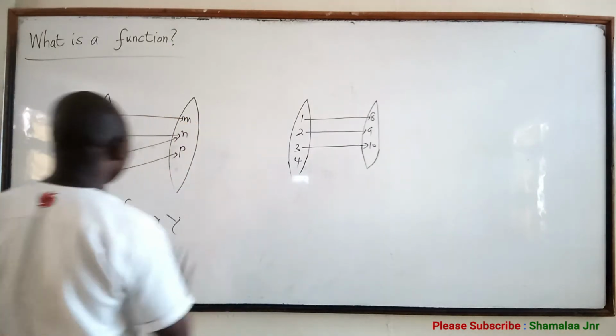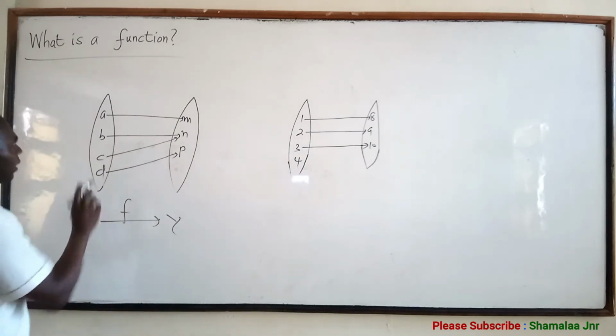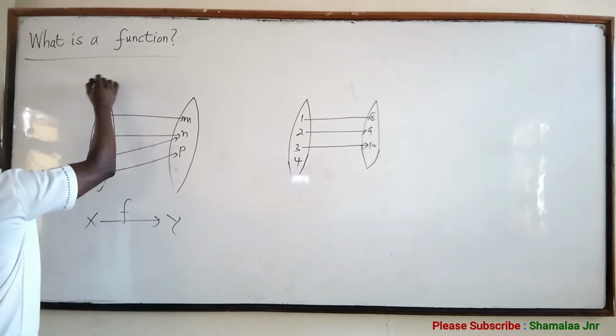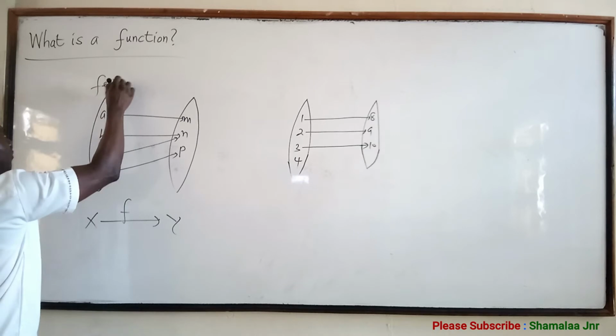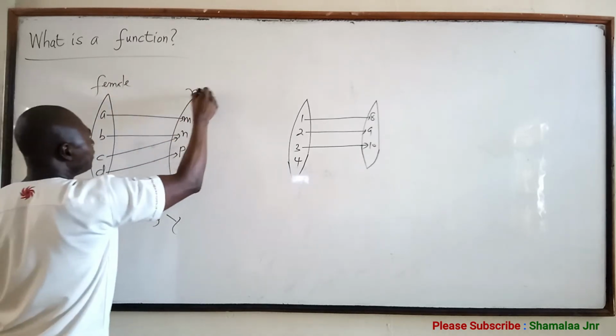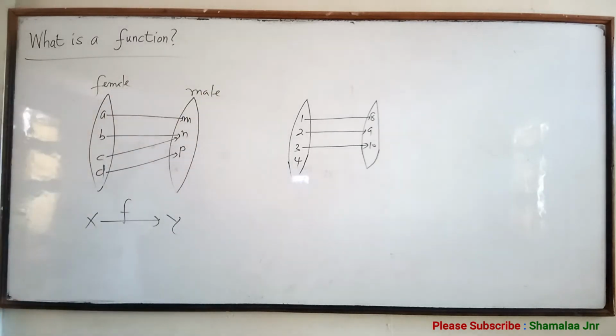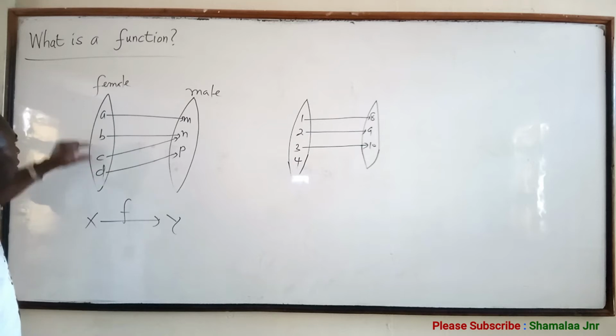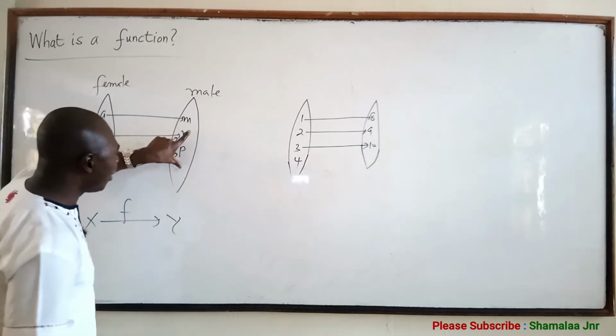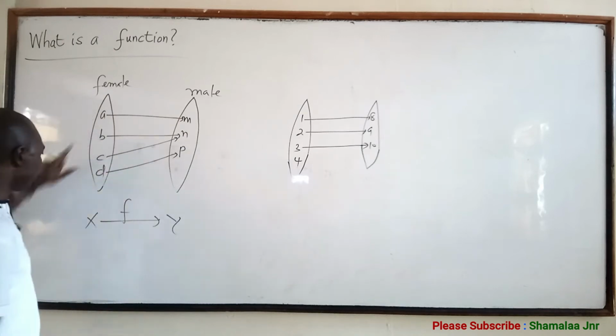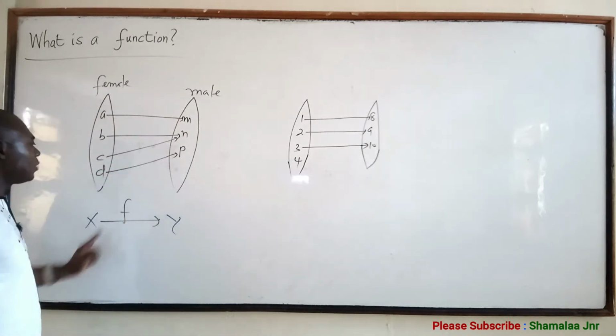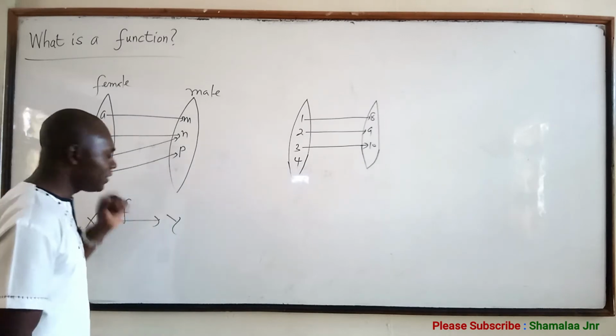So normally, to understand functions, you say that the first set can be referred to as female, the second set male. Viewers, let me use this one to explain to you. We are saying that every member of the first set X should be related to one and only one member of the second set.